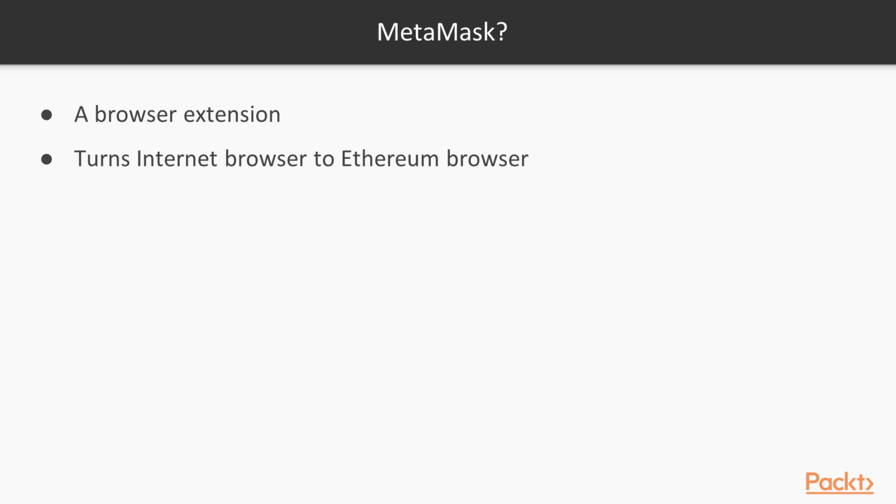But how do we connect MetaMask to our decentralized application? In a general application, there is a front end and a back end. These two are always connected to make sure the application runs properly. In the same way, in a decentralized application, there is a front end and a back end, being the blockchain.